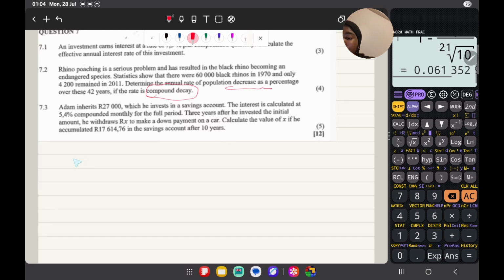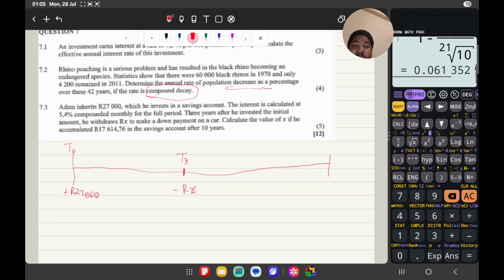Of course, here we can hear that there's a timeline question. So this is T0, where he inherited the money which he put into a savings account. So we can just say plus 27,000 rand at T0. And then 3 years later, T3, he withdraws some cash, so minus X, to make a down payment on a car.